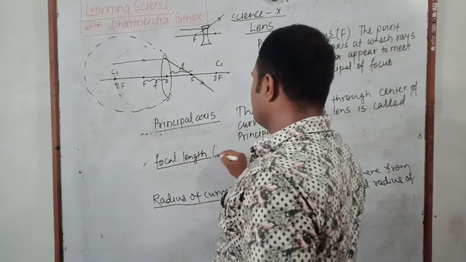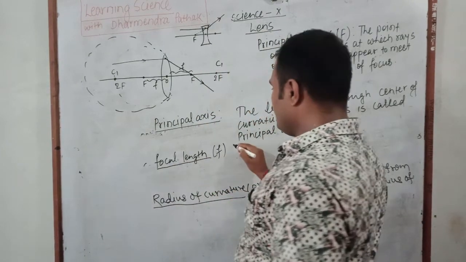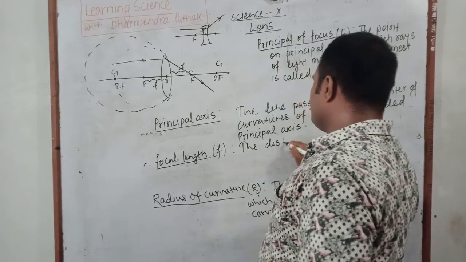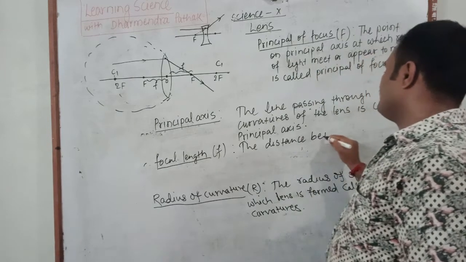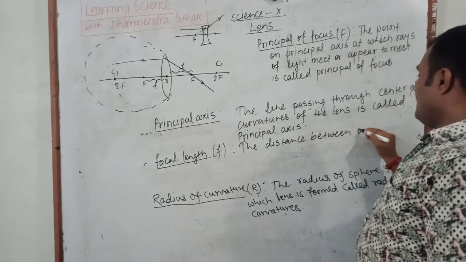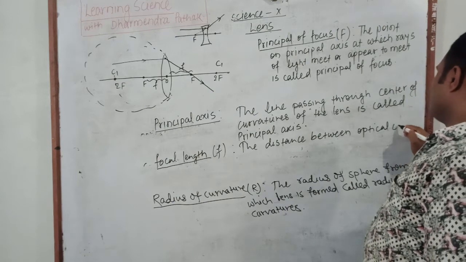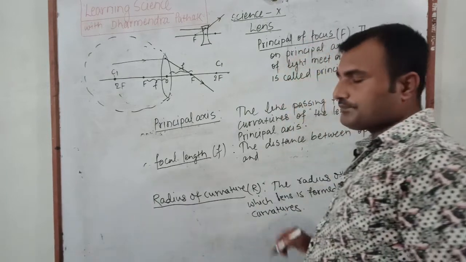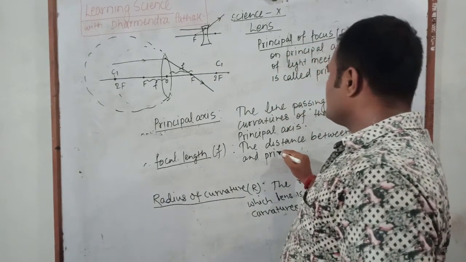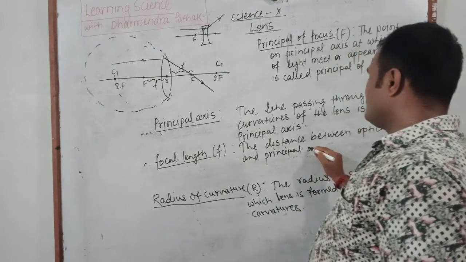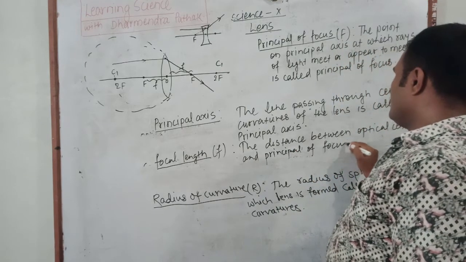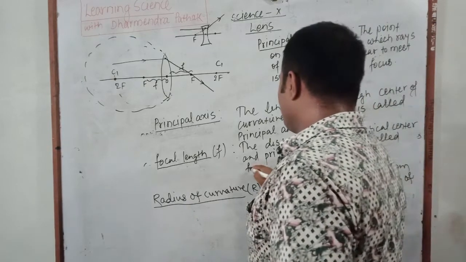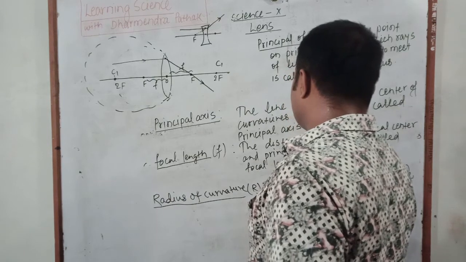Focal length of lens is denoted by a small f, and we can define it as the distance between optical center and principal focus is called focal length.